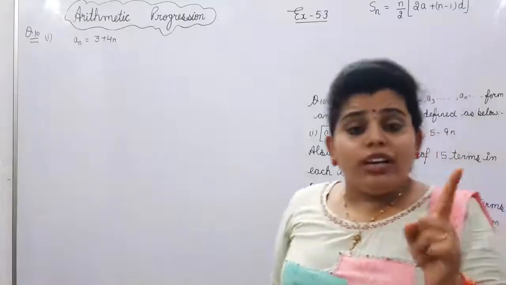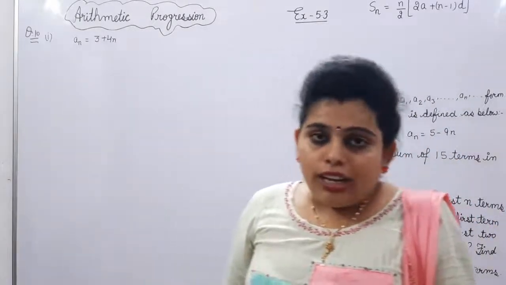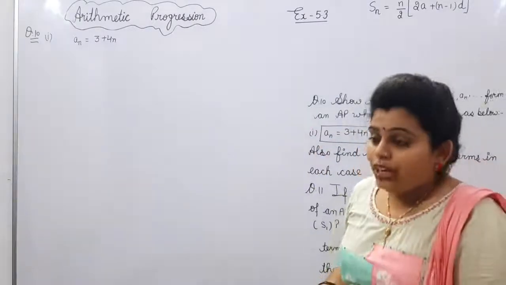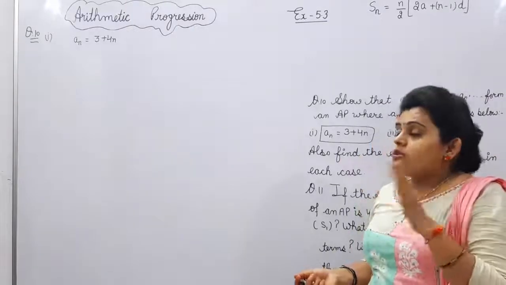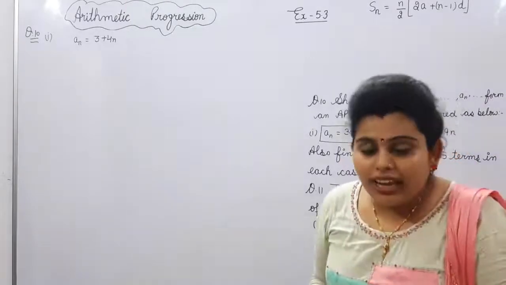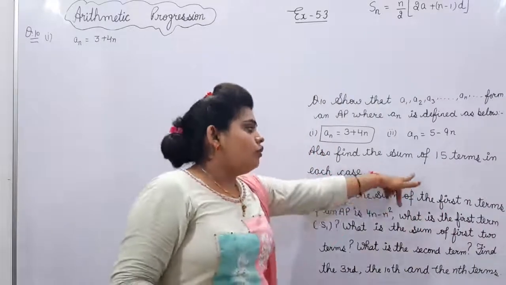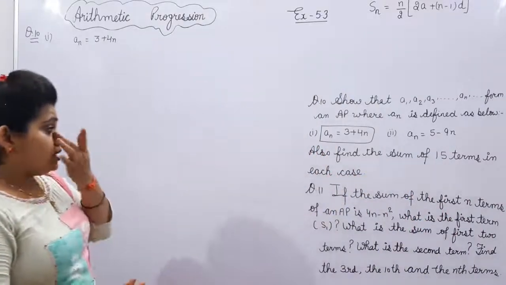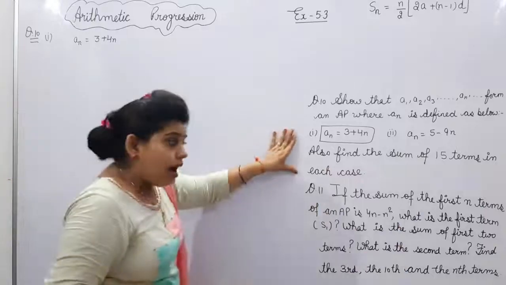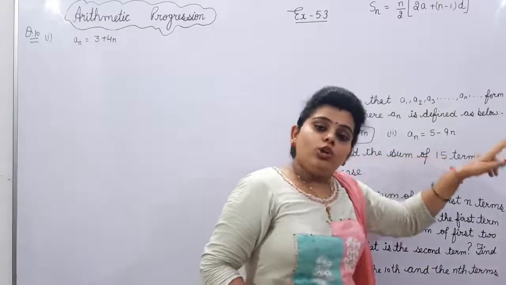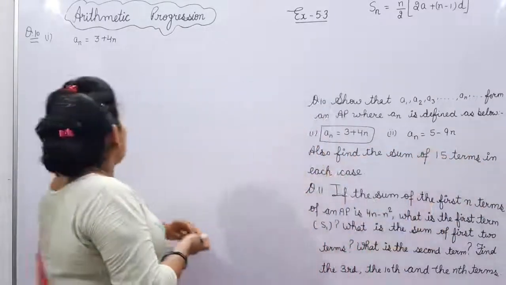सबसे पहले हम a1, a2, a3 ये टर्म्स फाइंड आउट करेंगे, फिर कॉमन डिफरेंस फाइंड आउट करेंगे. चेक करेंगे कि क्या ये टर्म्स आपकी एपी की फॉर्मेशन करती है या नहीं. If they are forming an AP, then we have to find the sum of 15 terms in each case. I will explain only first part. You have to do second part yourself, dear students. Now come to first part.